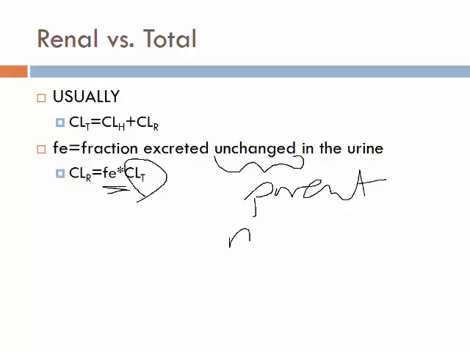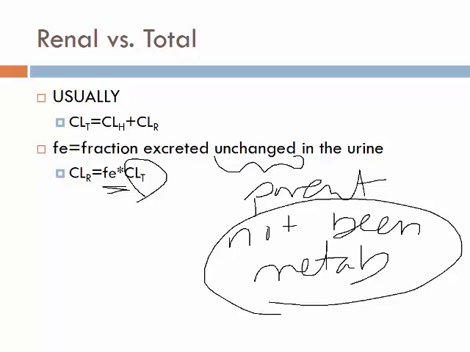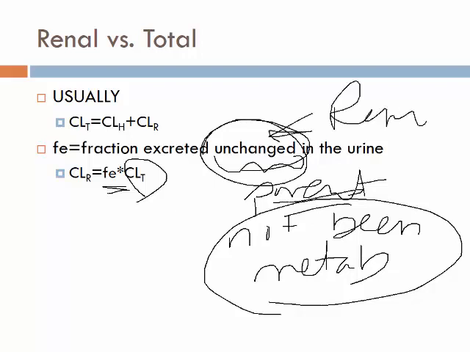Therefore, it has not been metabolized by the liver. So whatever is not being metabolized is going to have to be excreted in the urine. So whatever is excreted unchanged in the urine as the parent drug, not metabolized, that's going to be renal clearance.